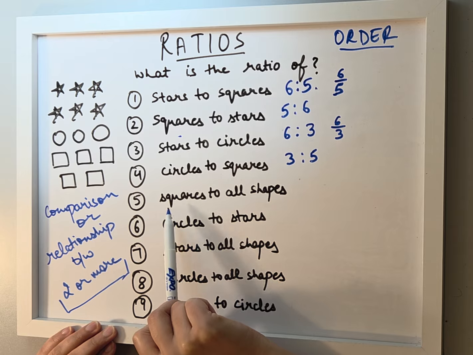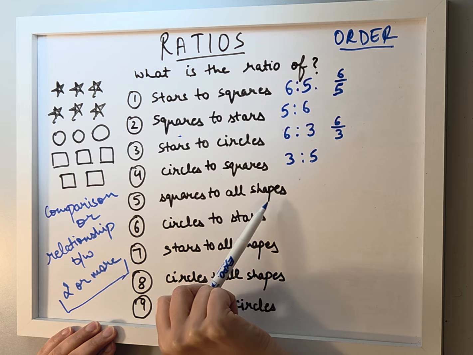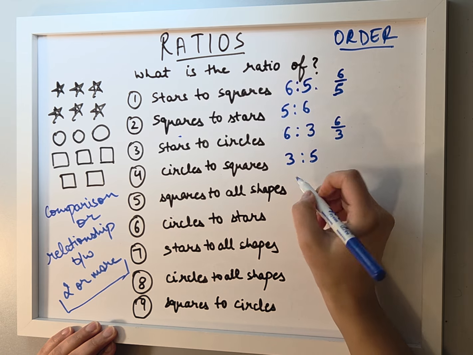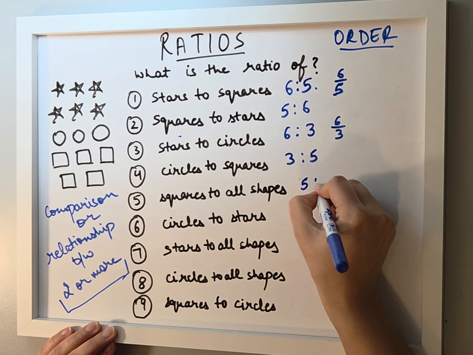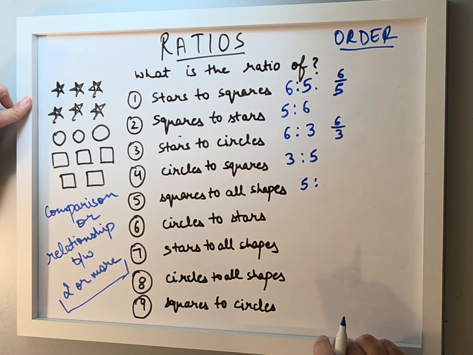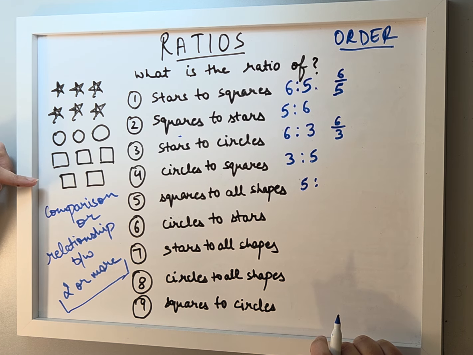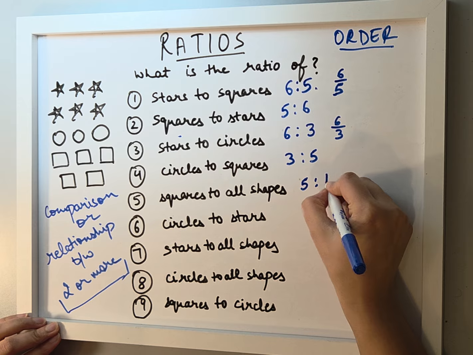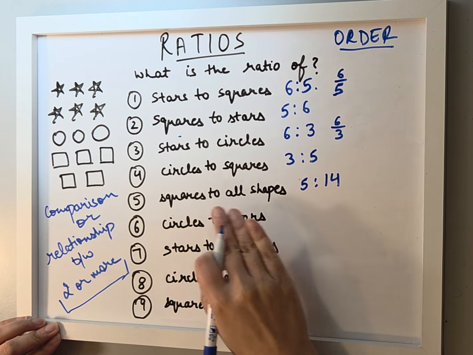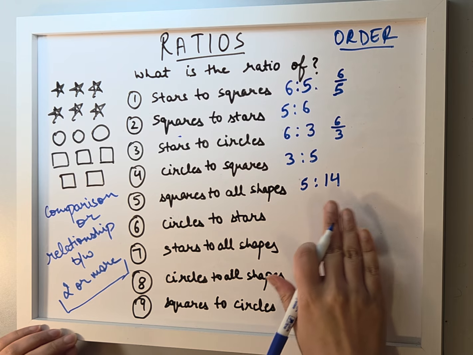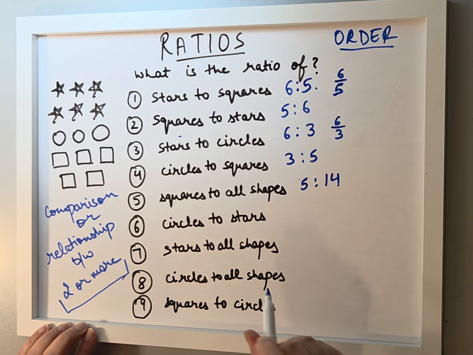Now, what is the ratio of squares to all shapes? Squares we have 5, and how many shapes do we have in total? 6 stars plus 3 circles, 9, plus 5 squares, so it makes 14. So the ratio of squares to all shapes will be 5 ratio 14.